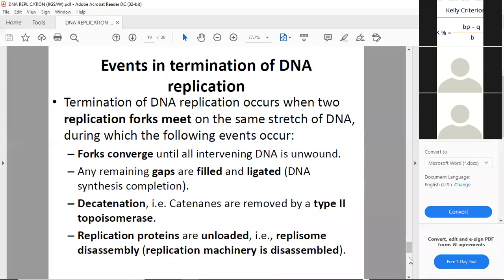Remember, I talked about gyrase, which is a topoisomerase in prokaryotes. So those topologically circular molecules of DNA are removed. And then the replication enzymes have to be unloaded. So those enzymes and the proteins have to be disassembled. Then DNA replication ends.